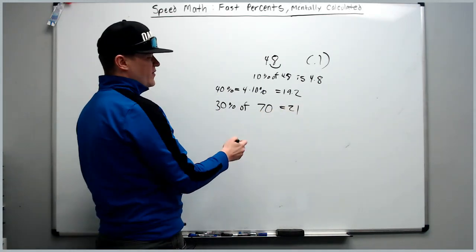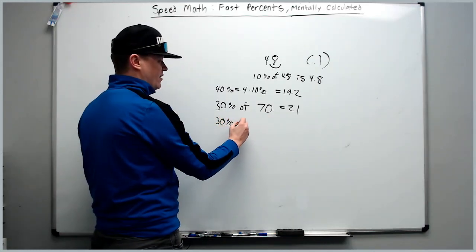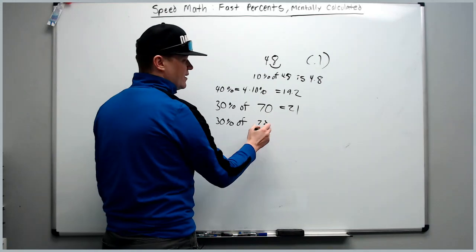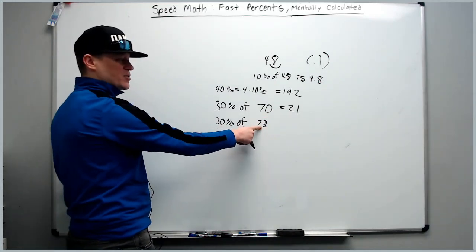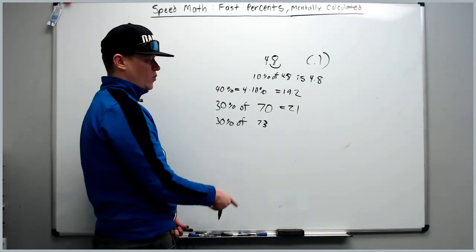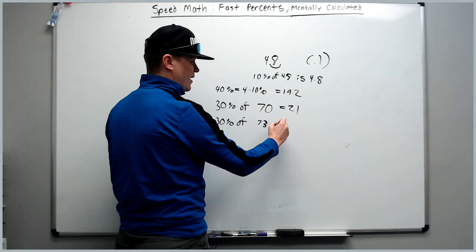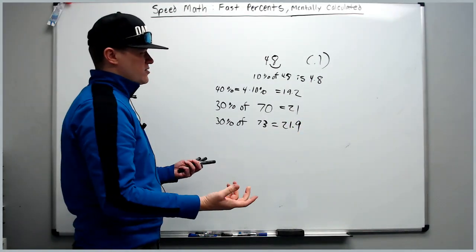Okay, what if it's not a nice number? Again, let's say I want 30% of 73. What's 30%? It's 3 times 10%, which is 7.3. So you do 3 times 7 to get 21, 3 times 0.3 to get 0.9. It's 21.9. Okay, so that's good so far.